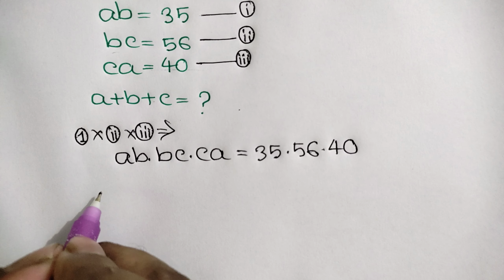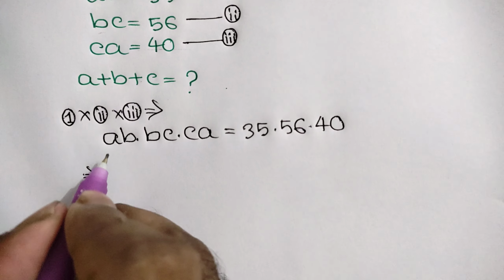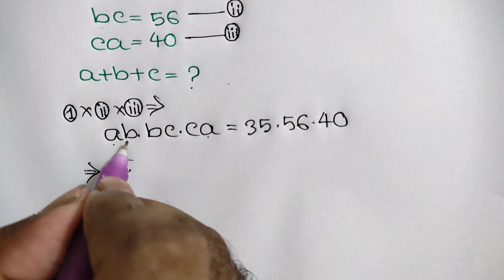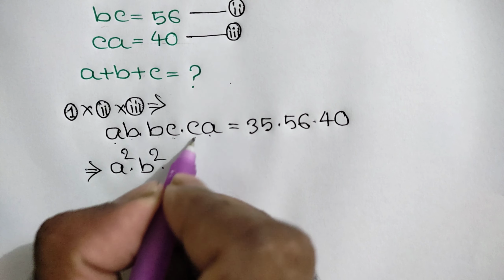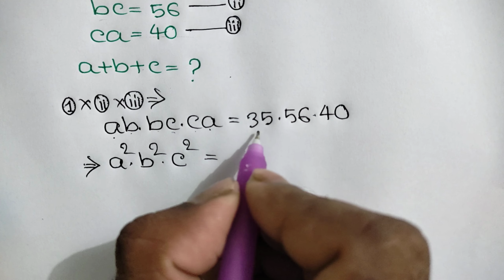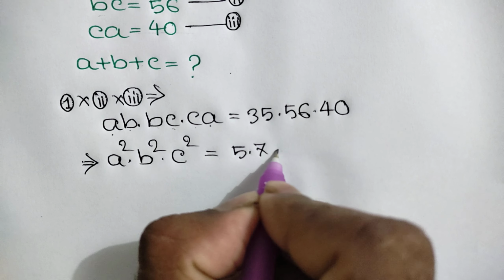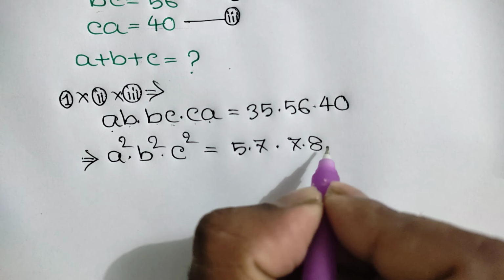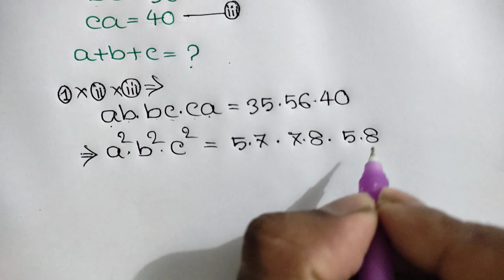Okay, now a times a is a square, times b is b square, and similarly c times c is c square, is equal to 35 can be written as 5 times 7, times 56 can be written as 7 times 8, times 40 can be written as 5 times 8.